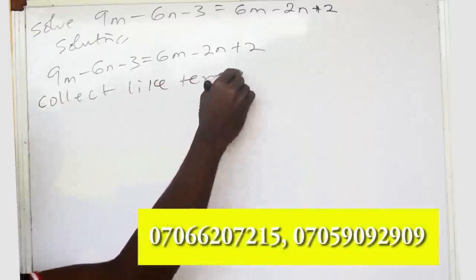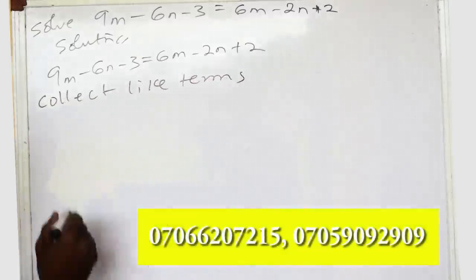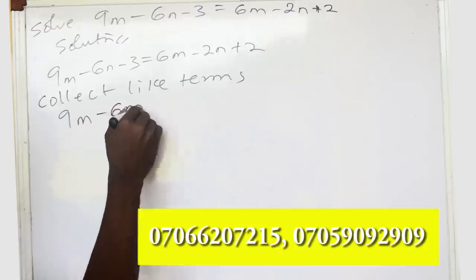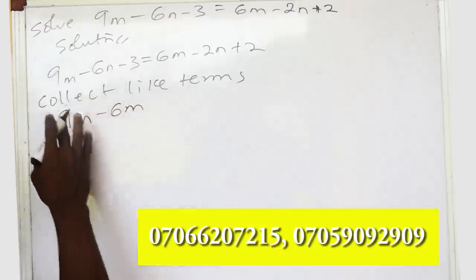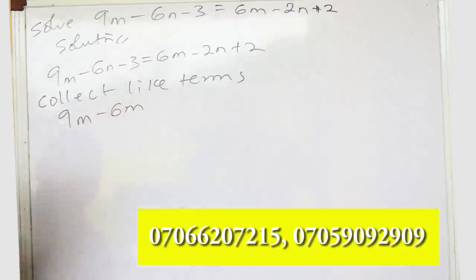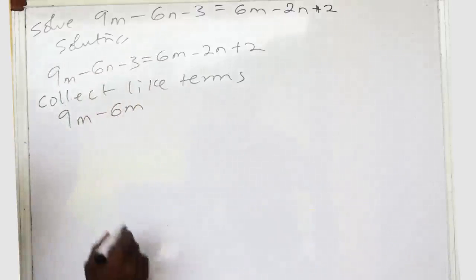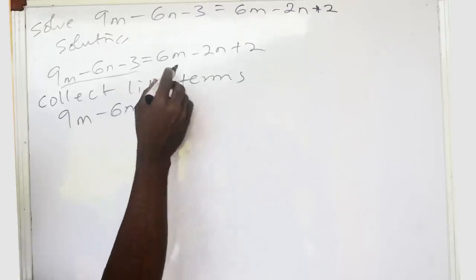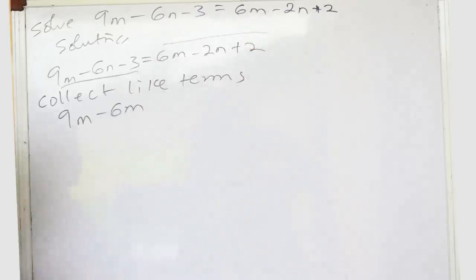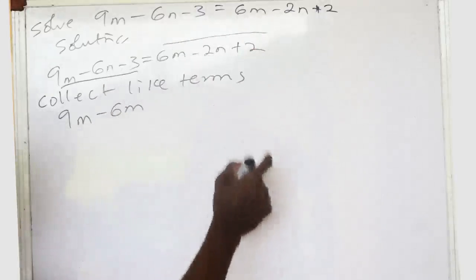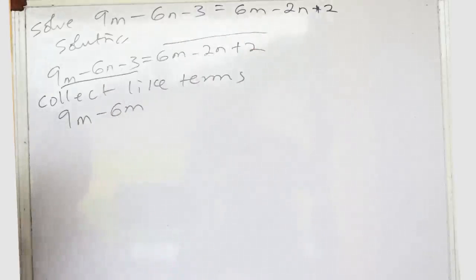If I collect like terms, you see my 9m minus 6m, because this guy must come over here. All coefficients and variables must go to the left hand side. From this to here is the left hand side, from this to here is the right hand side. Only plus 2 and minus 3 will be at the right hand side because both of them are constants.